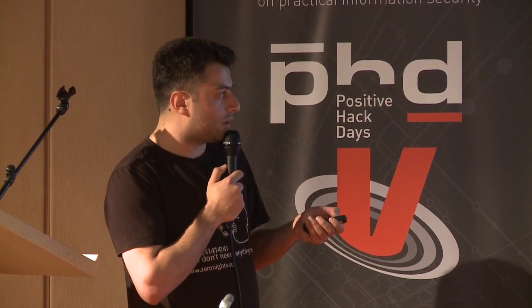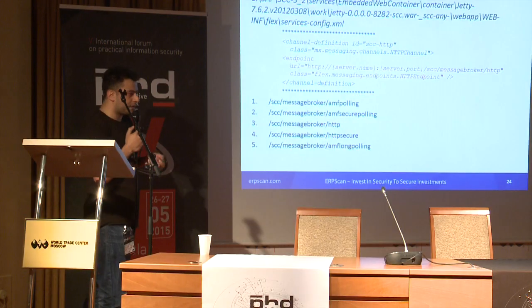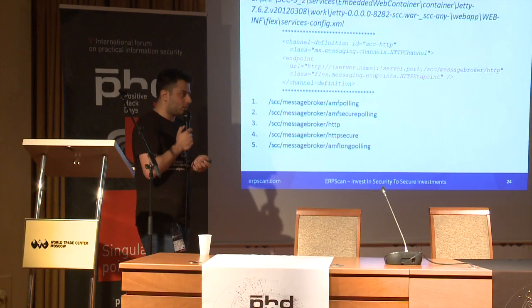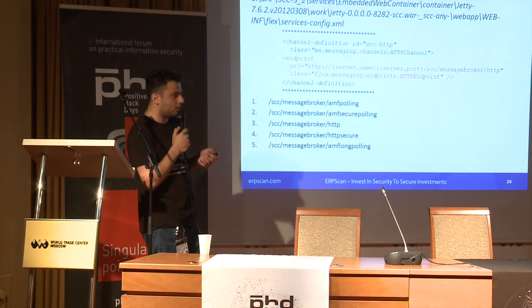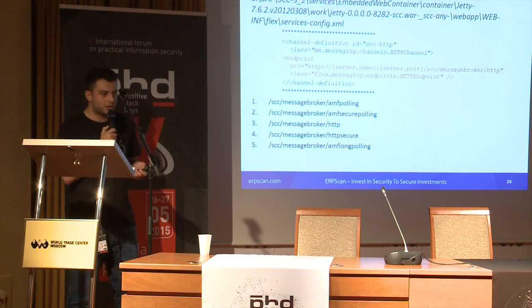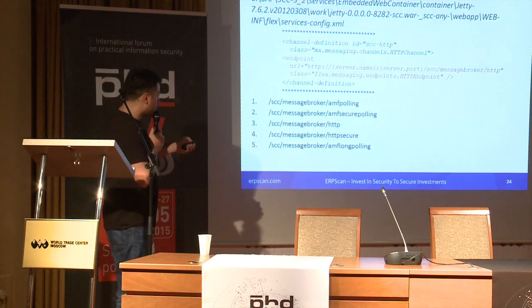Then, in the same structure, you can see the pathway to the Java file which processes requests sent to this particular servlet. Further research showed that this Java file uses an XML parser, which receives this XML document and processes it, but the processing is happening in a wrong way.